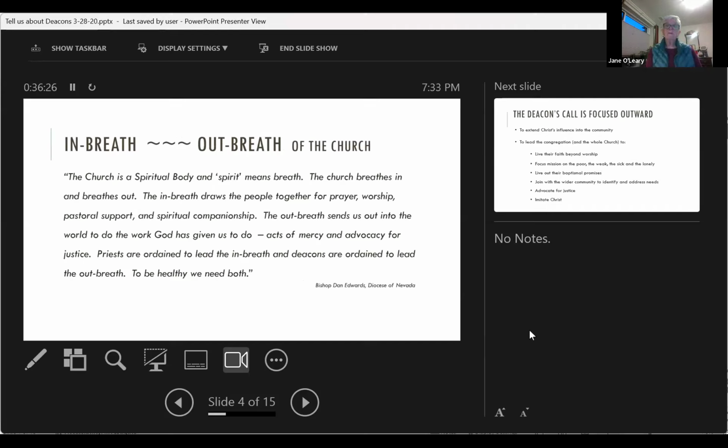And the out-breath sends us out into the world to do the work God has given us to do, acts of mercy and advocacy for justice. Priests are ordained to lead the in-breath, and deacons are ordained to lead the out-breath. To be healthy, we need both. I just think those are very wise words by Bishop Don Edwards.